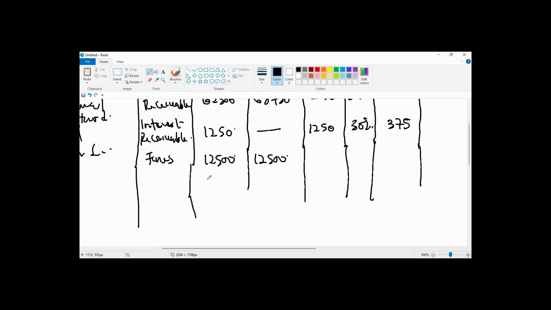Next. Interest payable. How much is interest payable? 25. What will now be the tax base? 0.